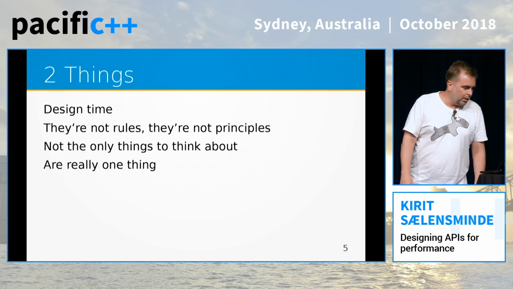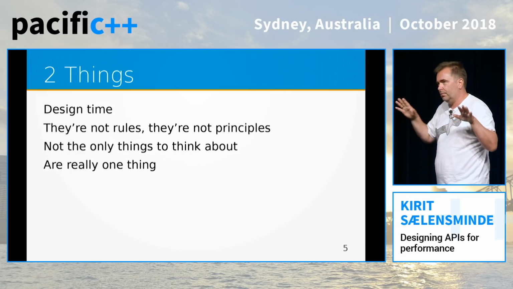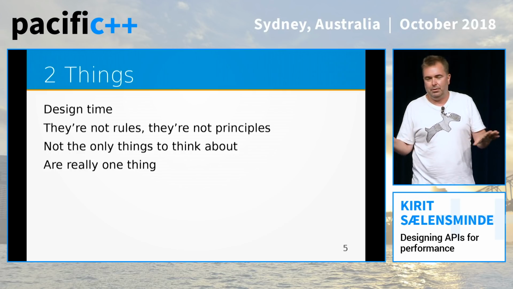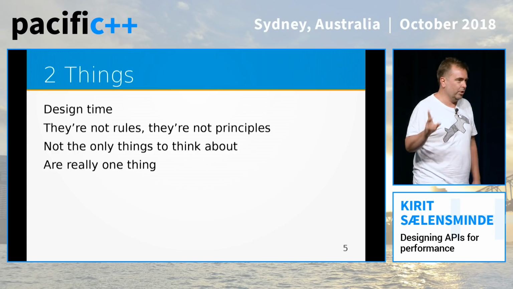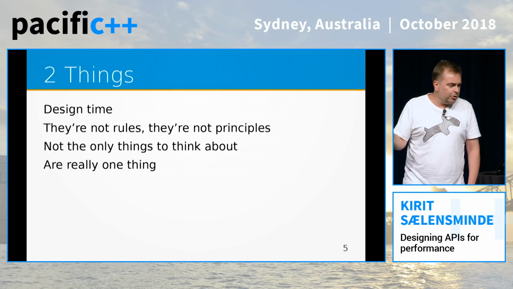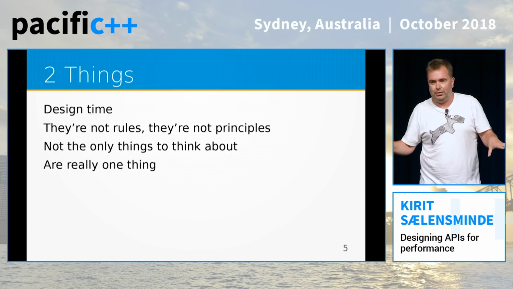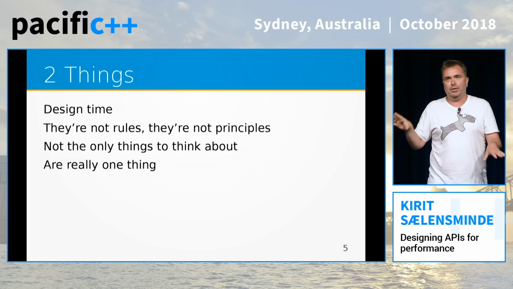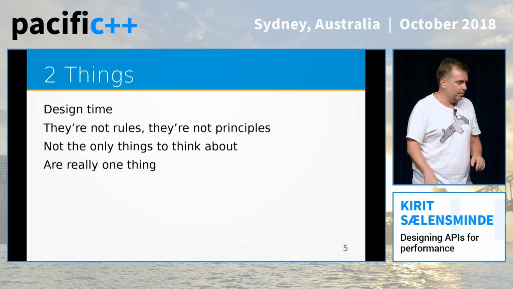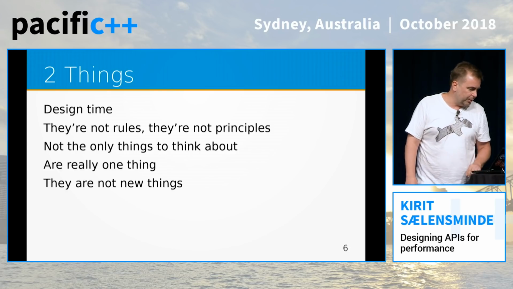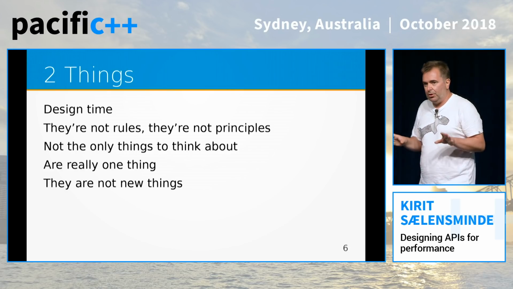And when you think about them a little bit more deeply, I think you'll find that they're just really one thing, that it's very useful to break into two different parts, because they address different aspects of how we reason about our code and what we're doing. And these things are absolutely not new.